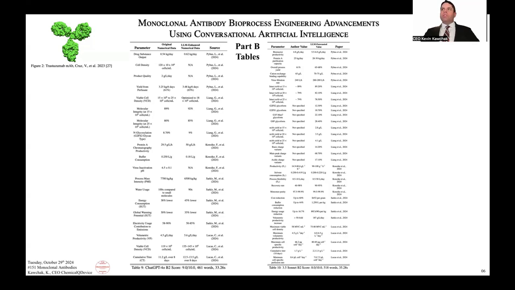For instance, with ChatGPT 4.0, it gave the original numerical data. So I go through and check all these, and I believe all these were correct, this whole column, original numerical data.